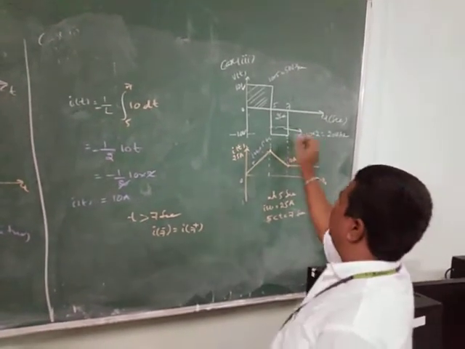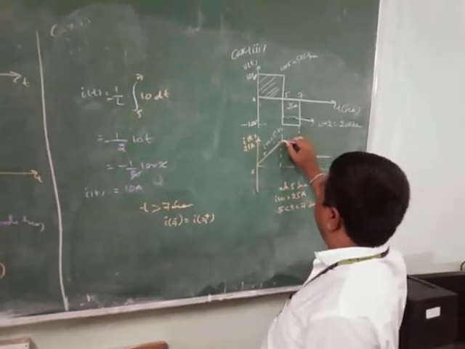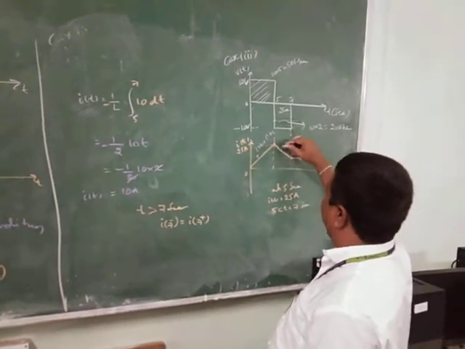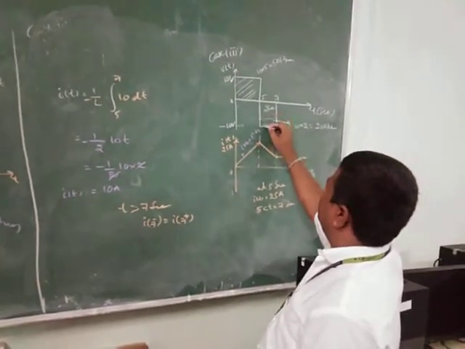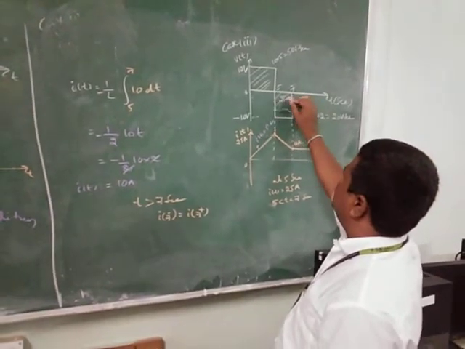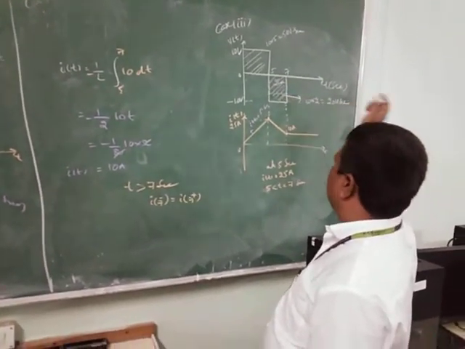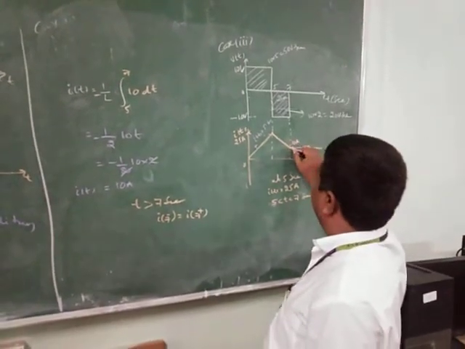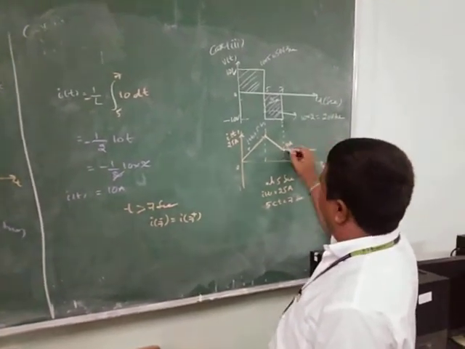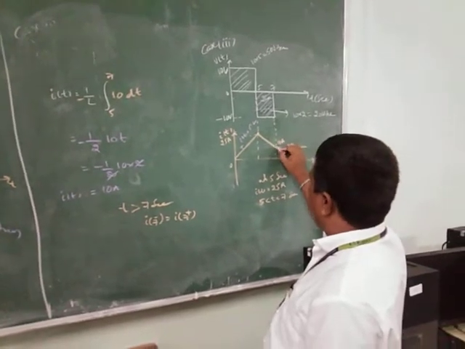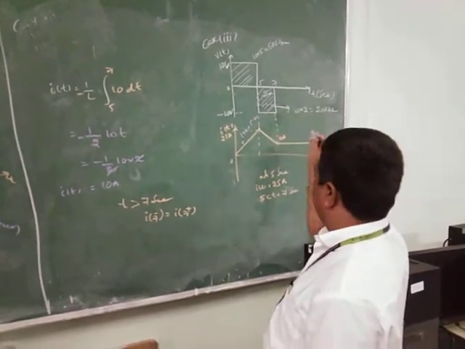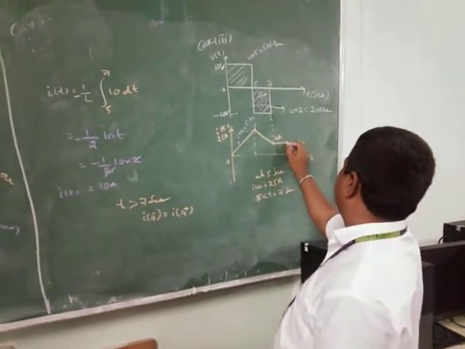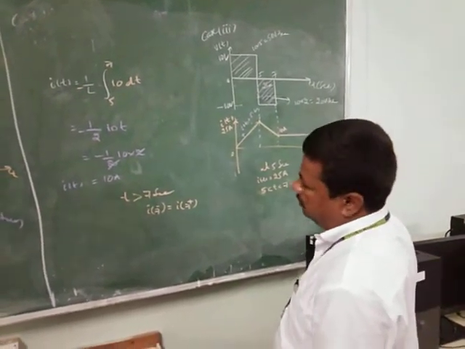Now coming to the negative cycle, the current simply has a negative slope. The negative cycle area is only 20 volt seconds. We calculated the current at 7 to be 10 amperes. Then after t greater than 7 seconds it maintains a current of 10 amperes.